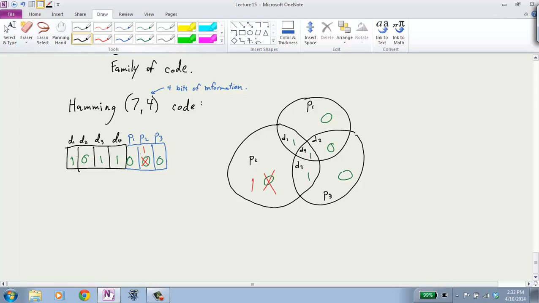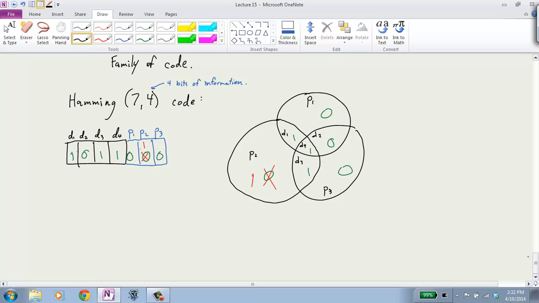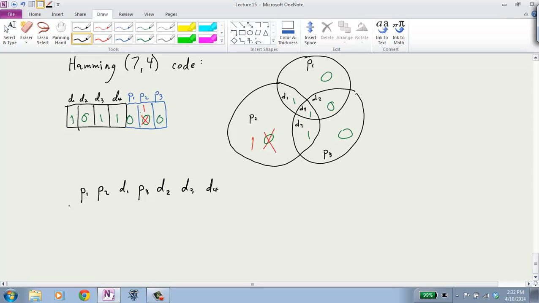Now, to generalize Hamming codes, because you can make them bigger and bigger, and you don't have nice diagrams like this for all of them. But what they all are, you can actually generalize it. If I rewrote the order of the P1s, so if I rewrote things in this order, seems like a weird order, but then I can show you that I can write the parity checks in a grid here.